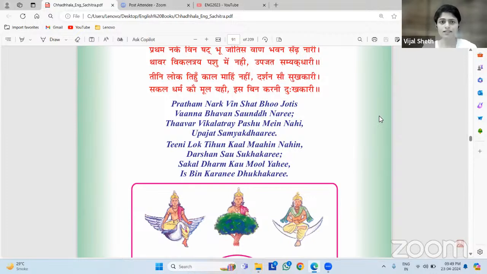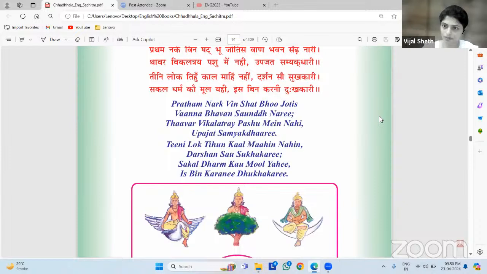Okay. Sakala dharma ko mool yahi. Dhansan mulla dhammo is one sutra of Kunkund Acharya Dev. Samyak Darshan is the root of all religion. Okay, if there is no root, there cannot be any tree. Can you grow a tree without a root? Yeah. So first you have to have the roots. What does the plant sprout first?